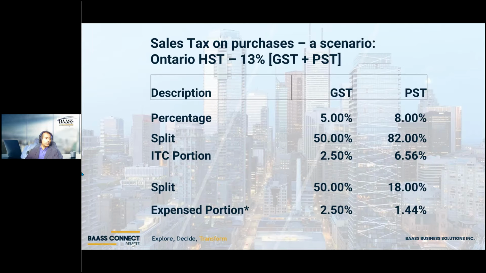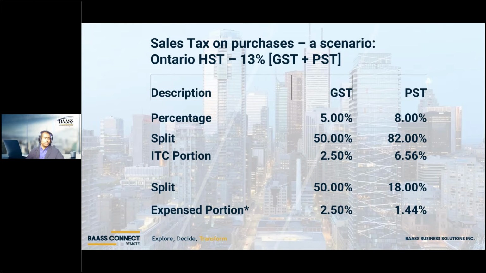So let's look at it. In today's session, we are going to look at the not-for-profit side, and we are going to look at how to manage the sales taxes as an example for a Canadian not-for-profit organization for this demonstration today. So in this example, we have the Ontario sales tax, which is HST, which is at 13%, as you all know.